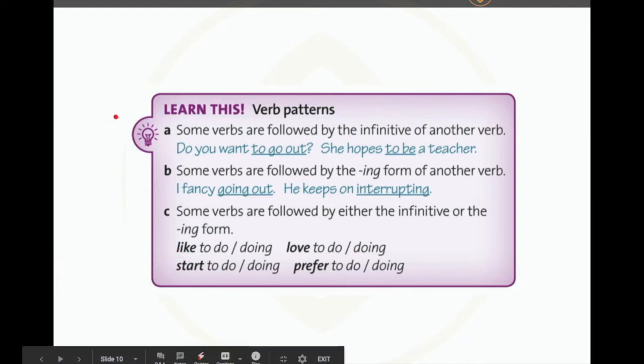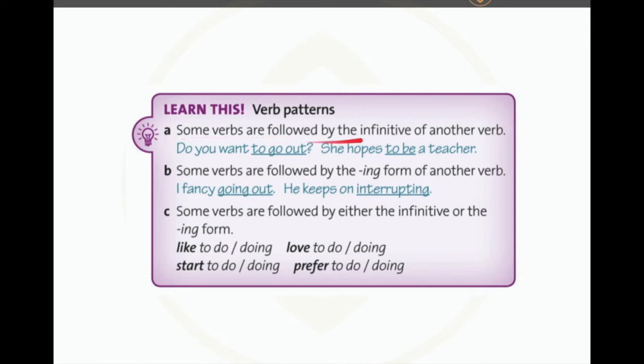So in your book, you have verb patterns, and the rules say that, in A, some verbs are followed by the infinitive of another verb. For example, do you want to go out? She hopes to be a teacher. Infinitive means to and the verb in its original form. Some verbs are followed by the ing form of another verb. I fancy going out: fancy is the first verb, and going is the second verb followed by ing.